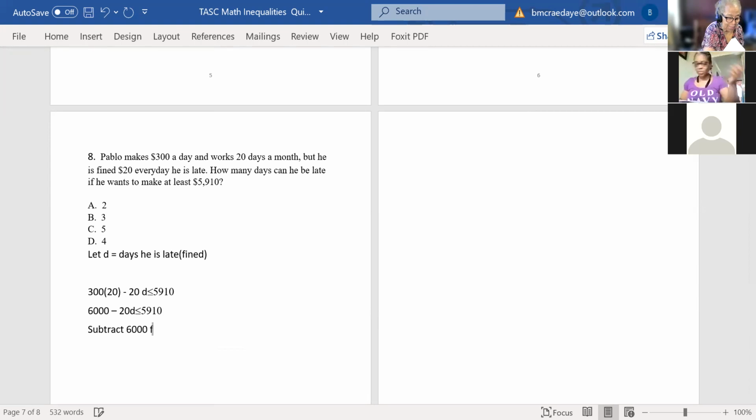Subtract 6,000 on both sides. Now then what you have left when you do the subtraction.